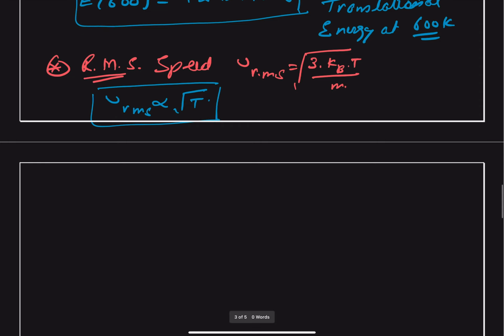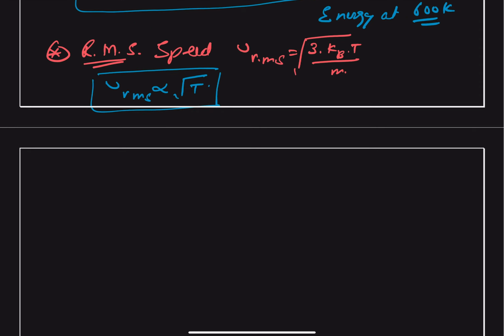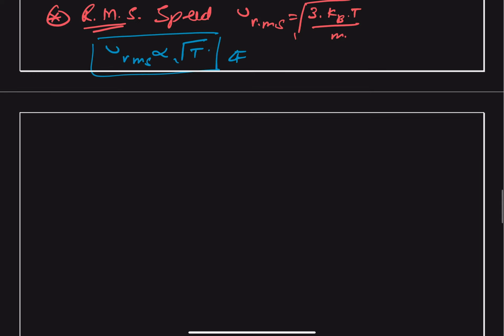So once again we can divide this into two respective equations based on the temperature, and M is the mass of one molecule of oxygen, so it will be the same for both cases.